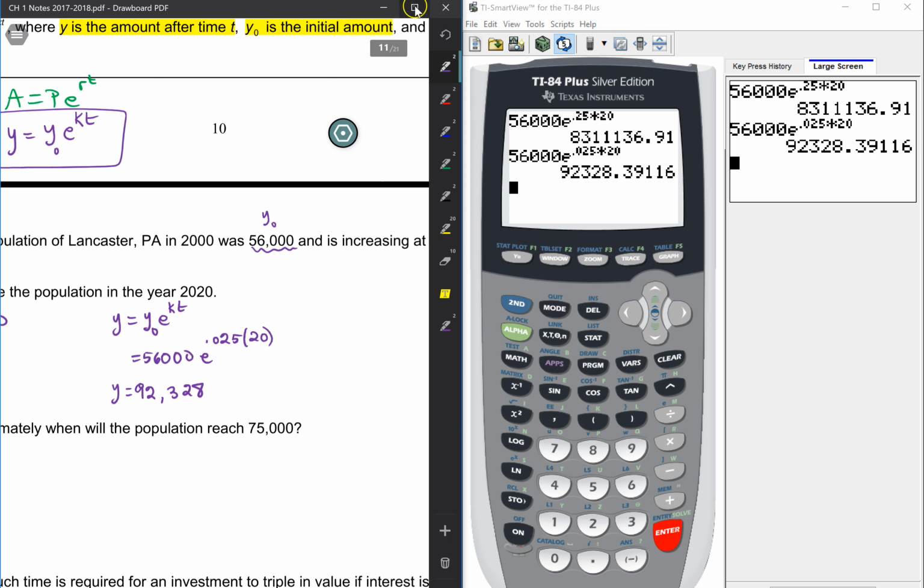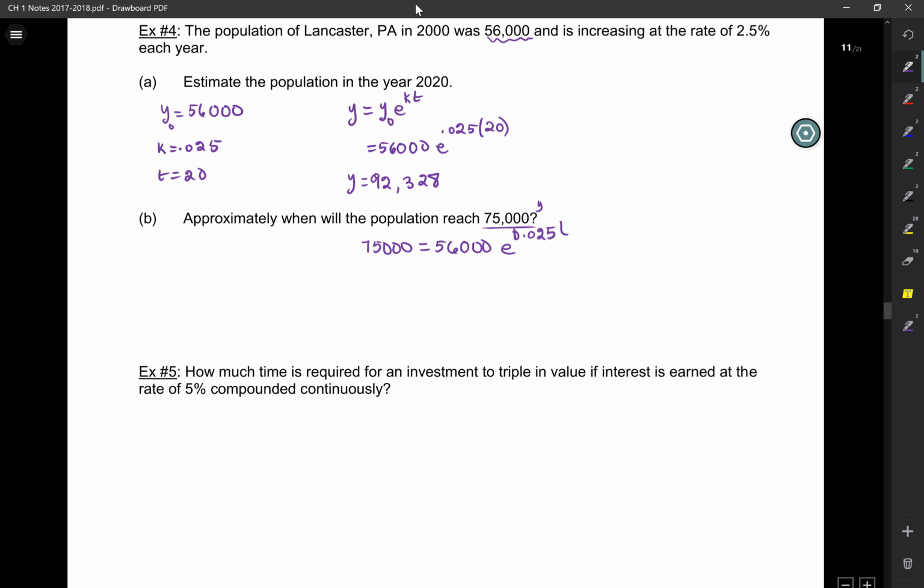All right. When will the population reach 75,000? So then you're going to leave T. And then Y is going to be 75. Exactly. So now Y is 75. So there is your log. 75 equals 56,000 e to the k, k is 0.025, t.